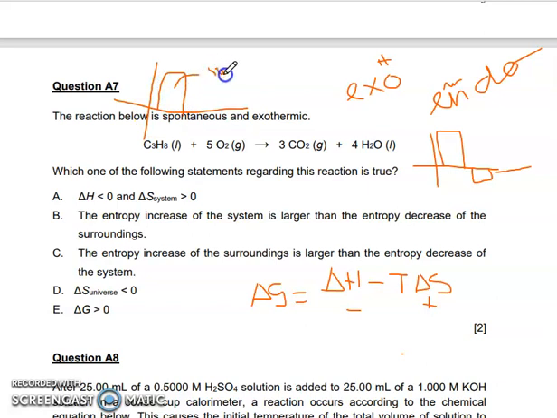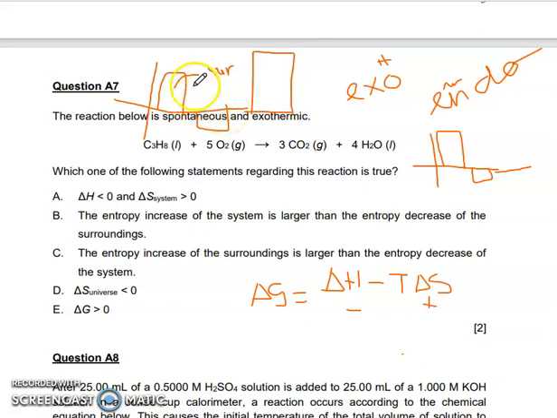I was told that the reaction is spontaneous, so delta S of the universe is positive. So the entropy increase in the surroundings is going to be large, and there's going to be an entropy decrease in the reaction since it's exothermic. But for this to be spontaneous, we need an overall positive change in entropy.